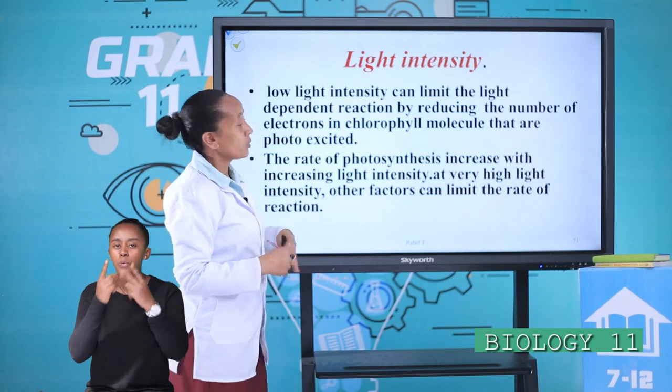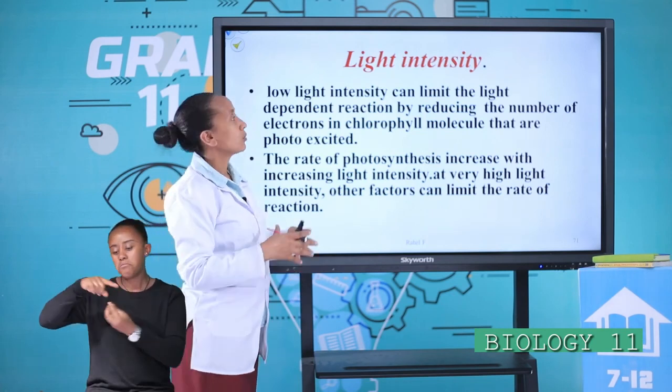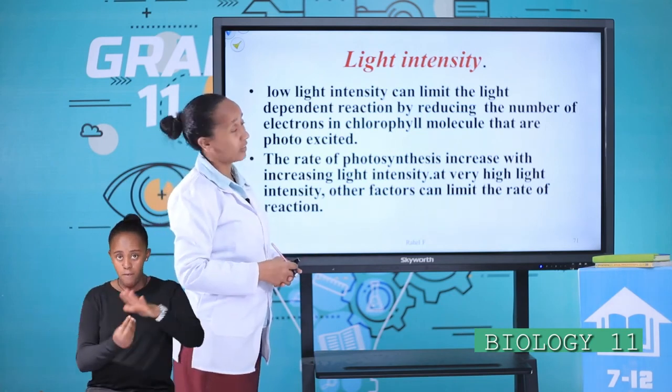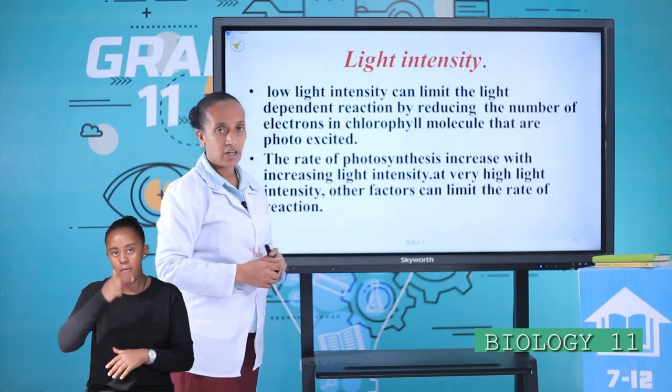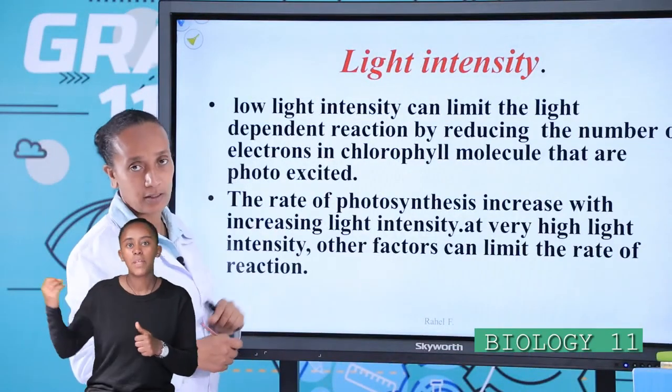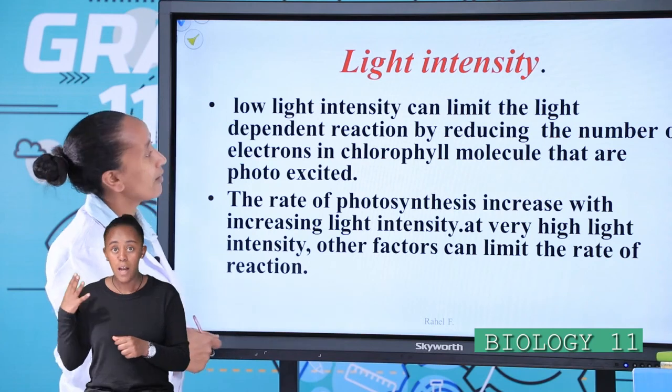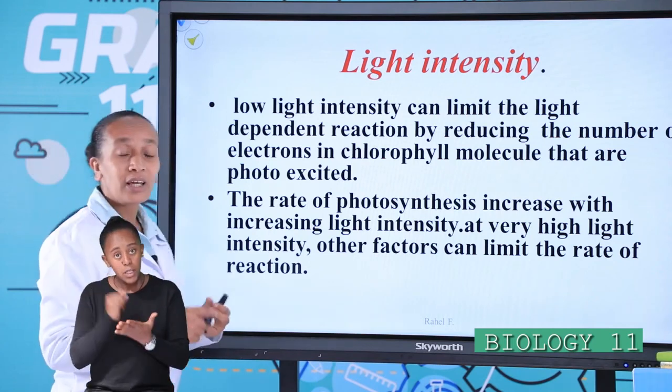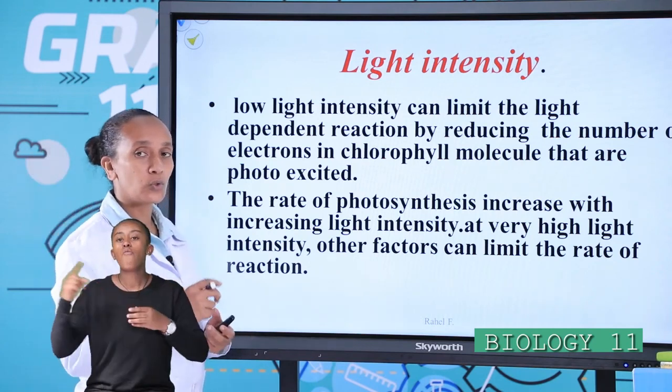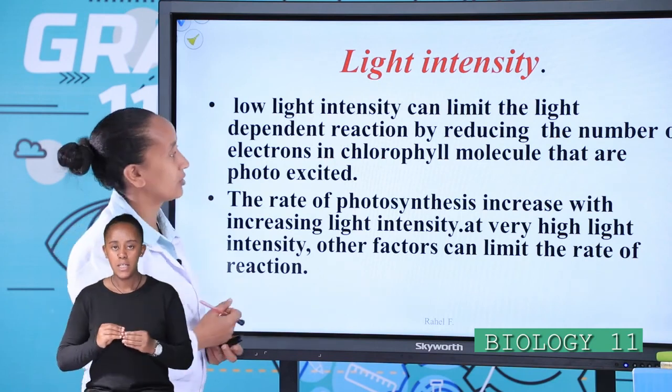Therefore, when we look at different environments, photosynthesis can be affected by three main factors. The first one is light intensity. Light intensity affects photosynthesis because it affects the first stage of photosynthetic reaction, the light-dependent reaction.